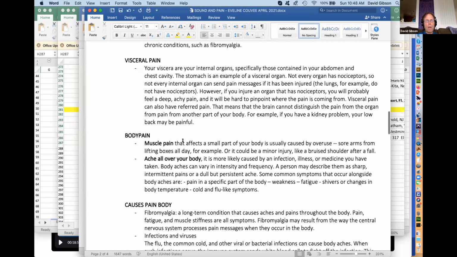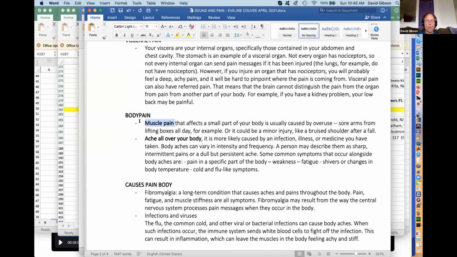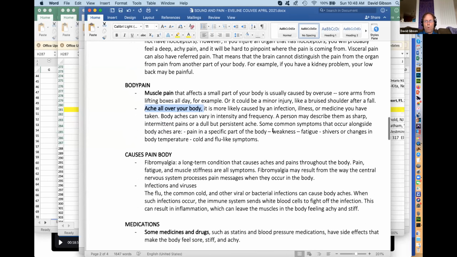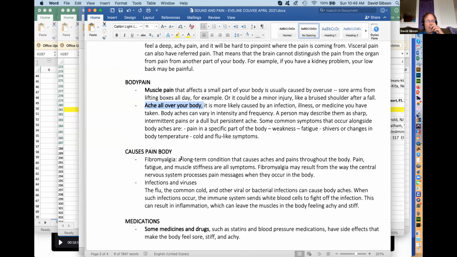And then there's basic body pain, where you strain a muscle or hurt a muscle picking something up, or you have aches throughout your body when you have an infection, or a cold, right? And then there's fibromyalgia, which is probably one of the trickiest ones, because we don't really know what's going on.